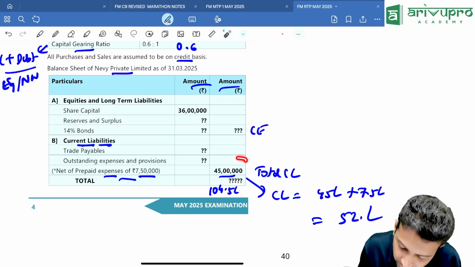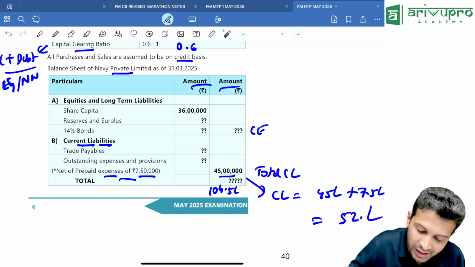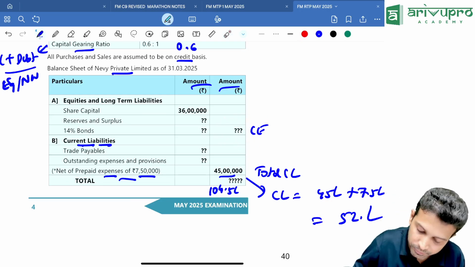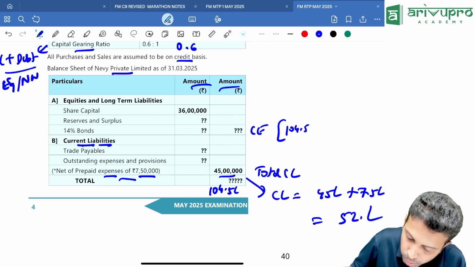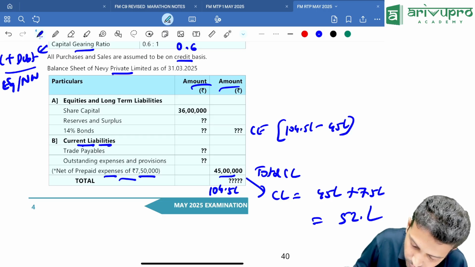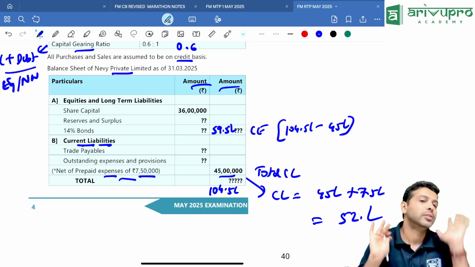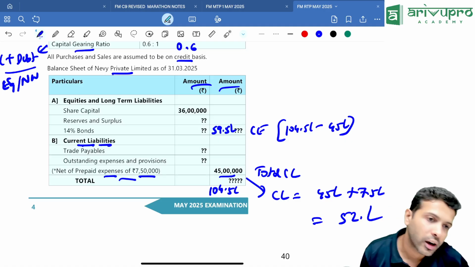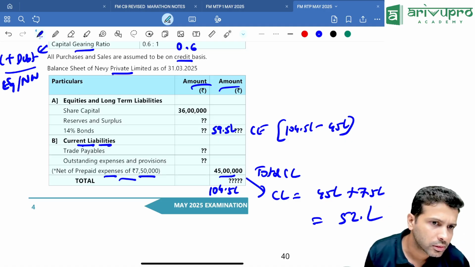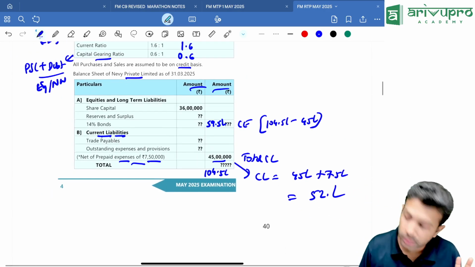In that, current liability is 45 lakh, so capital employed will be the balance: 104.5 minus 45 lakh. How much is this? 59 lakh 50,000. This also I've got. Understood? So far, all good?